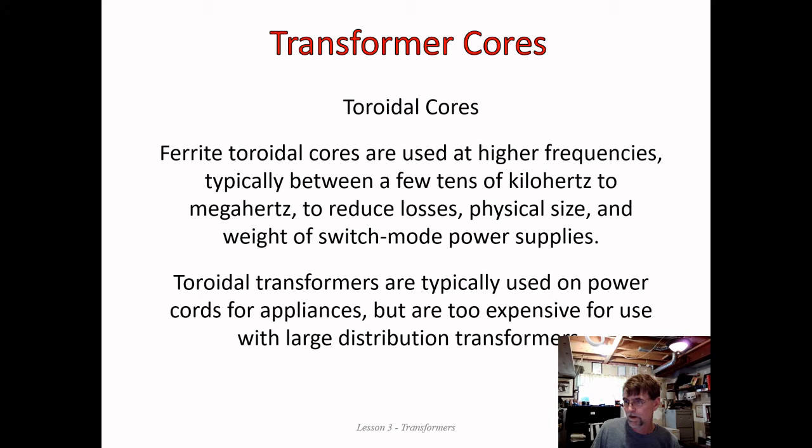The toroidal core typically gets used for higher frequencies, tens of kilohertz to megahertz, with reduced losses. It's a nice small package, so physical size is simplified and shrunk down, and so is the weight of the switch mode power supplies, all that stuff.